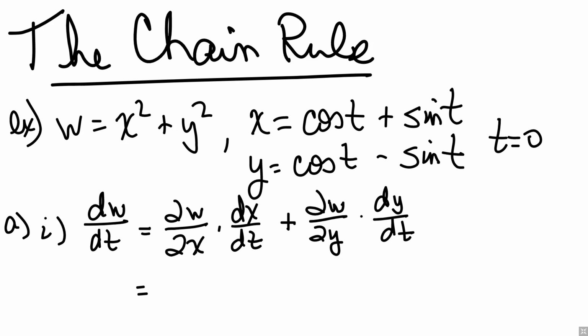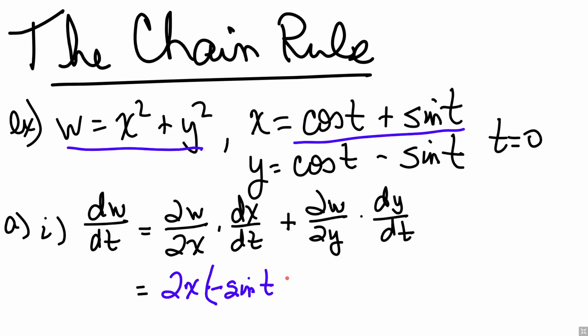If we do the partial of w with respect to x, we're going to end up with 2x times the derivative of x with respect to t, which is negative sine of t plus cosine of t.